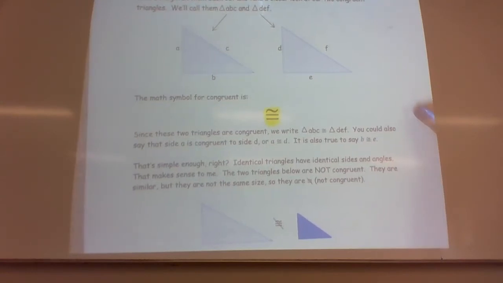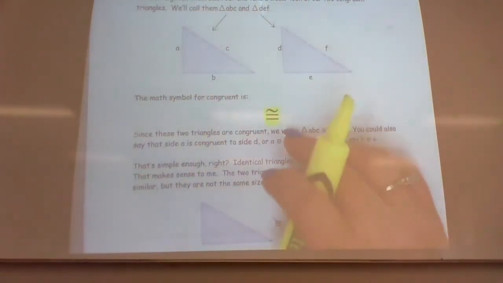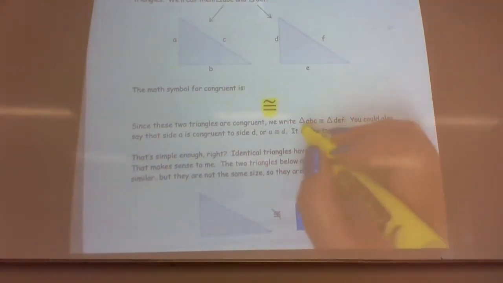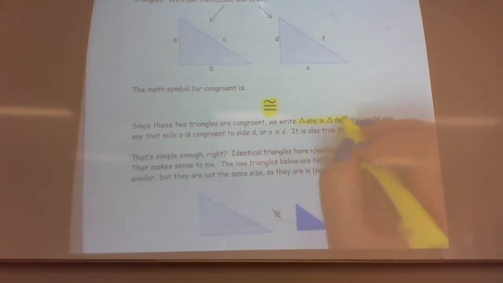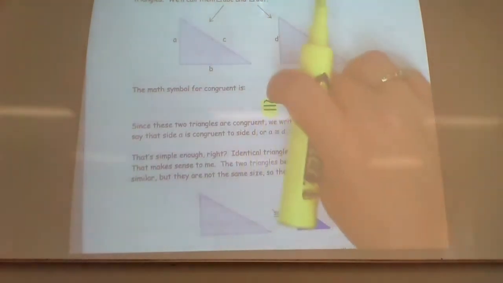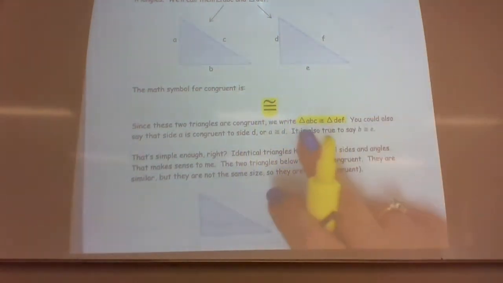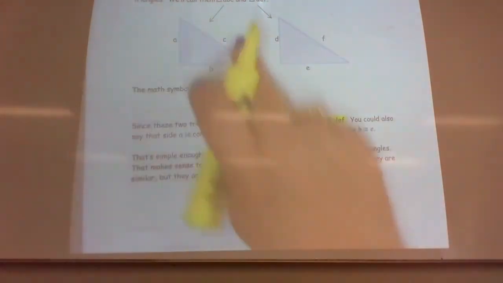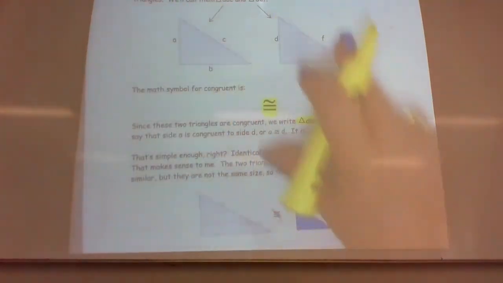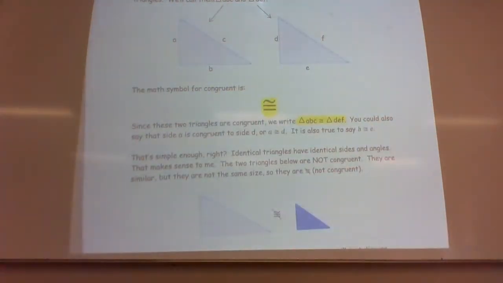The symbol is super important, because if triangles are congruent, then you would say that triangle ABC is congruent to DEF. Whatever order you put these in for the first triangle, the order has to stay the same in the second triangle.